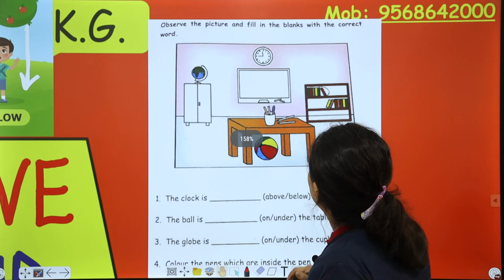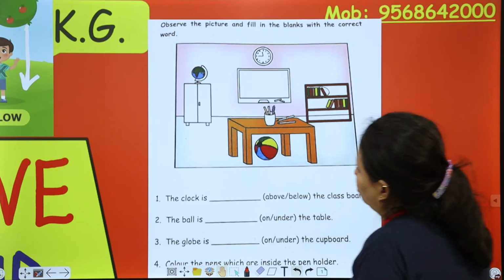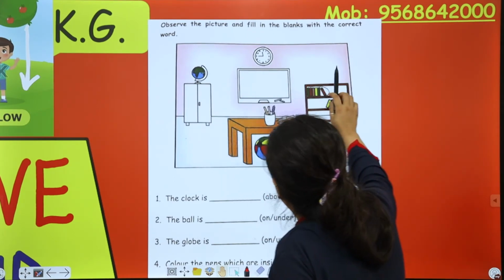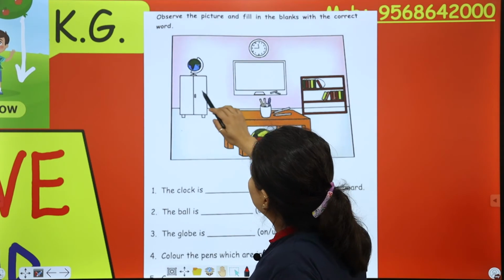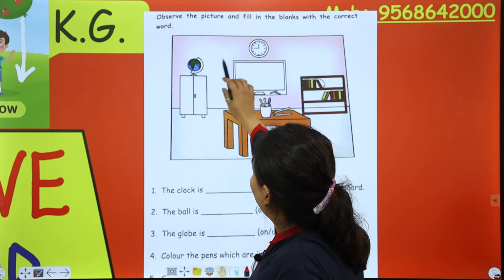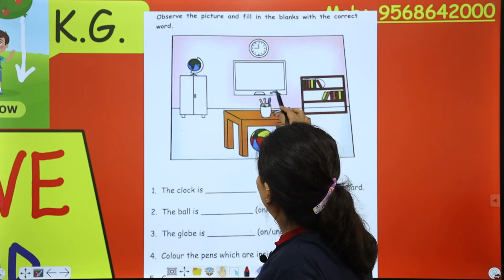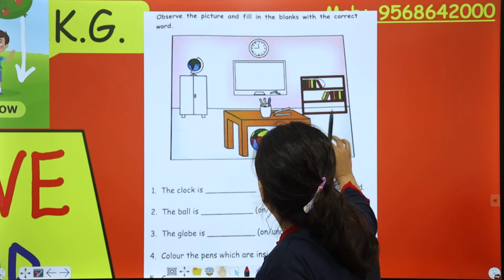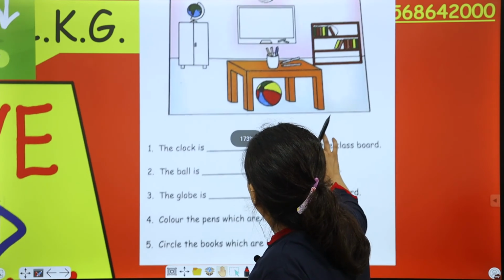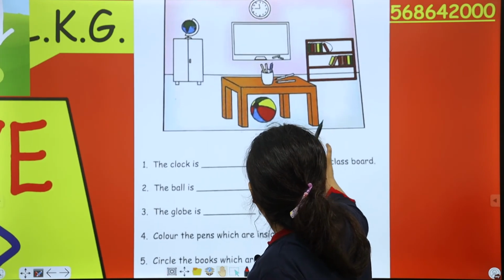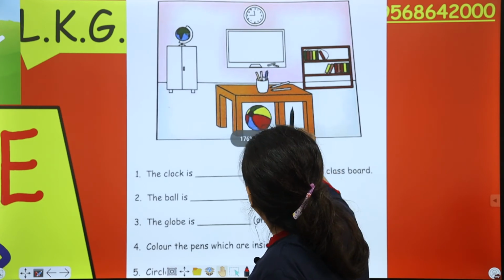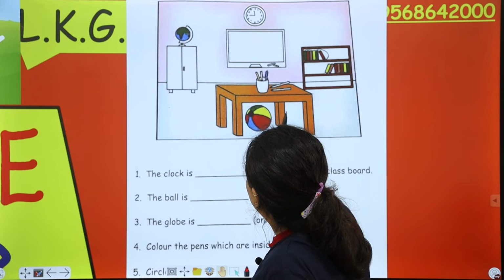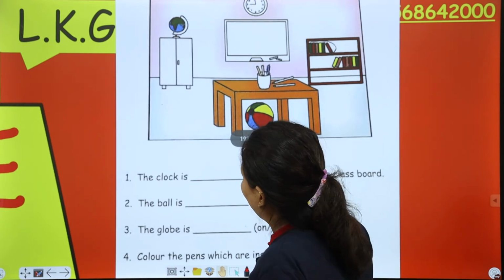Now next one: this is the picture of a classroom. Observe the picture first of all and fill in the blanks with the correct word. This is almirah, globe, clock. This is board and this is rack, and now this is table, and here is a pen holder, and this is a ball.